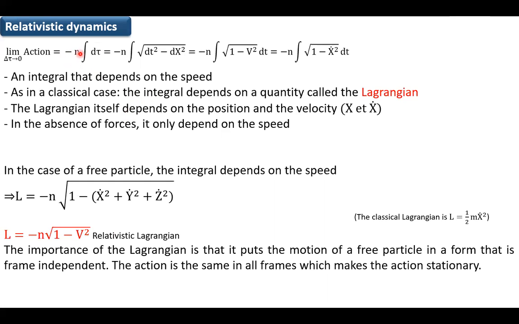So it becomes minus n integral of d tau as a differential quantity. And you know that d tau is equal to the radical of dt squared minus dx squared. So the equation is minus n integral of radical dt squared minus dx squared. And if you put the dt outside of the radical, you will get minus n integral of radical 1 minus v squared dt, the same famous radical of 1 minus v squared.